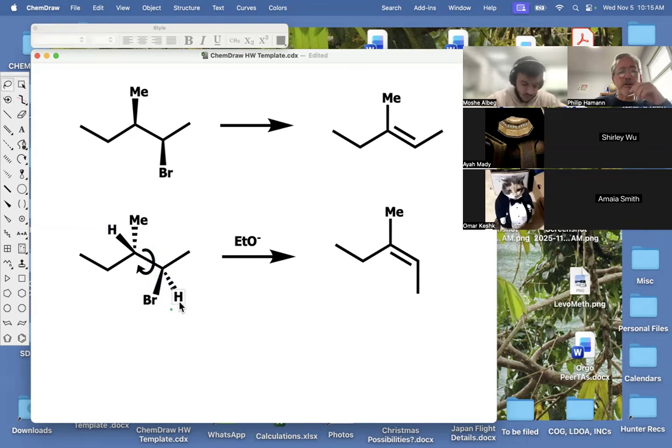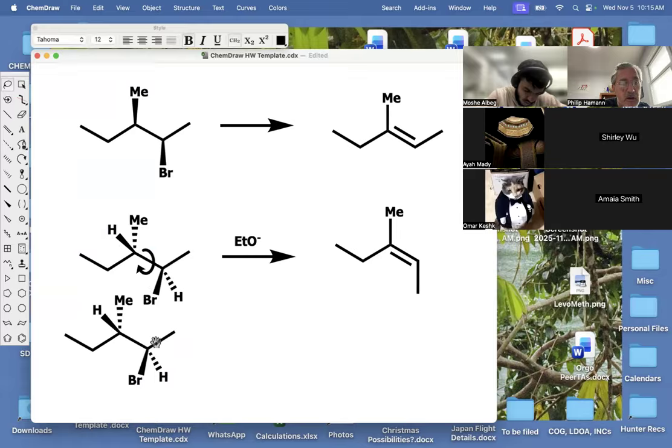So I'm rotating it. The way I'm going to rotate it is to put the bromine back here, the hydrogen up here, and the methyl here.